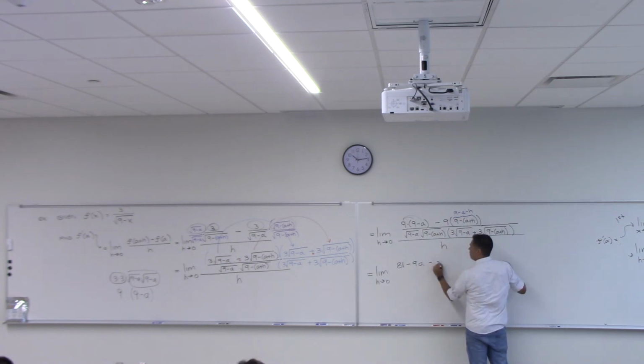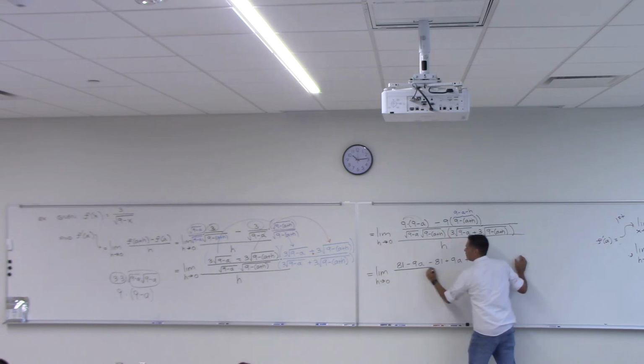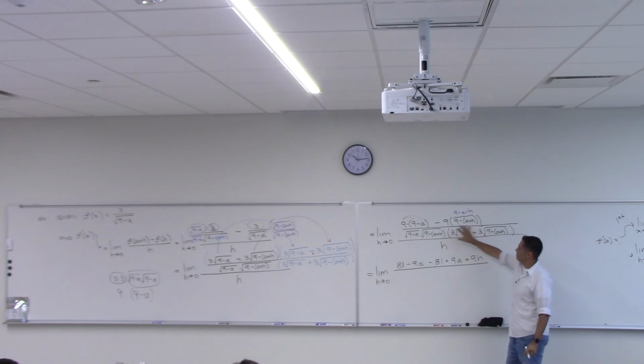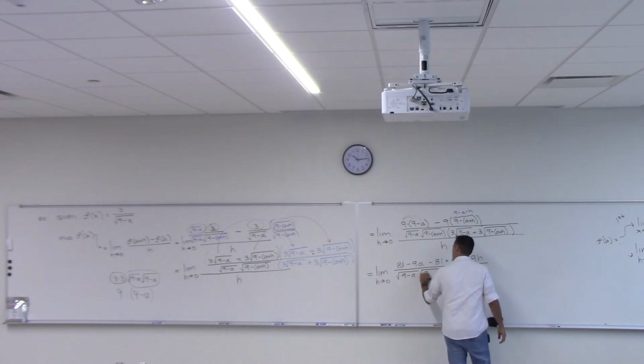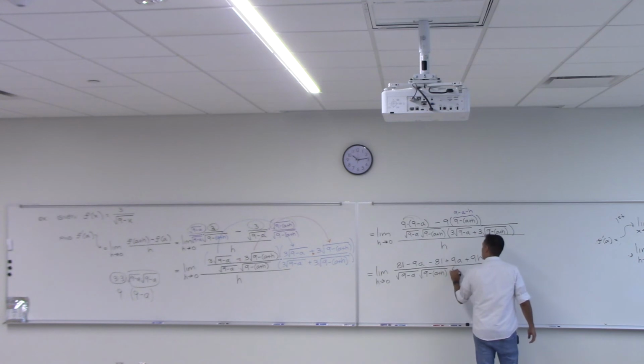Minus 81 plus 9a plus 9h. All over. I wish I could right-click copy this, but I'm going to have to write it by hand. Okay, all of that times all of this.